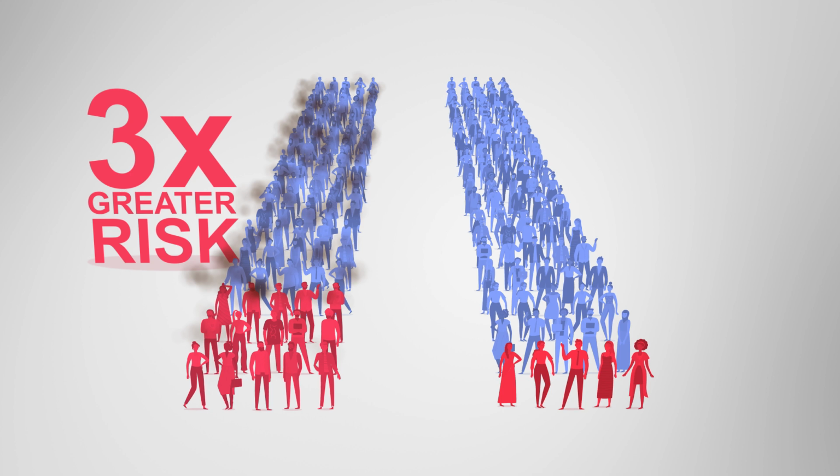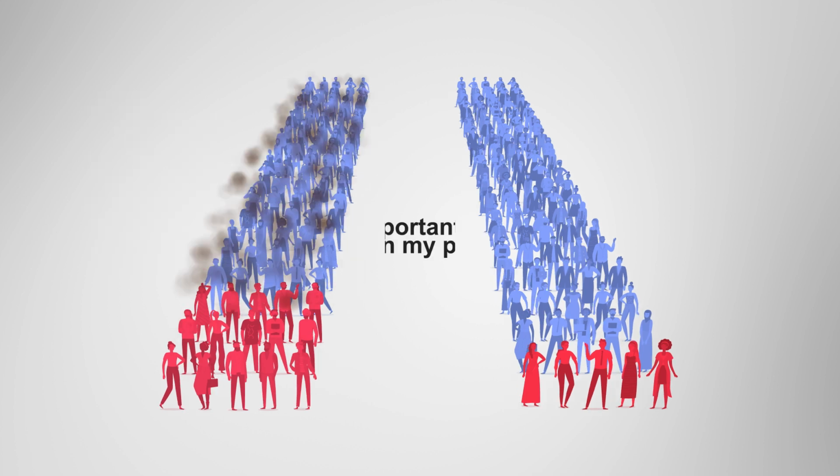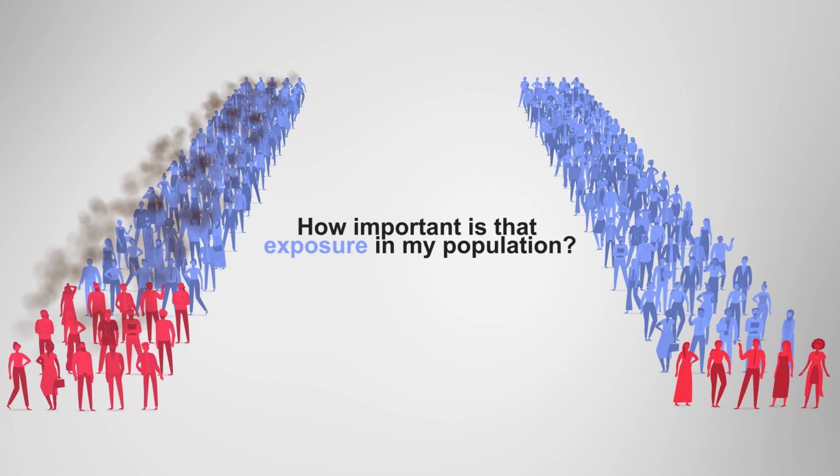So this is a very simple number, and that's why it is used so frequently in epidemiological studies. But from a public health perspective, that value of 3, that comparative value, is not totally useful if our question is a different one, if our question is how important is that exposure in my population.